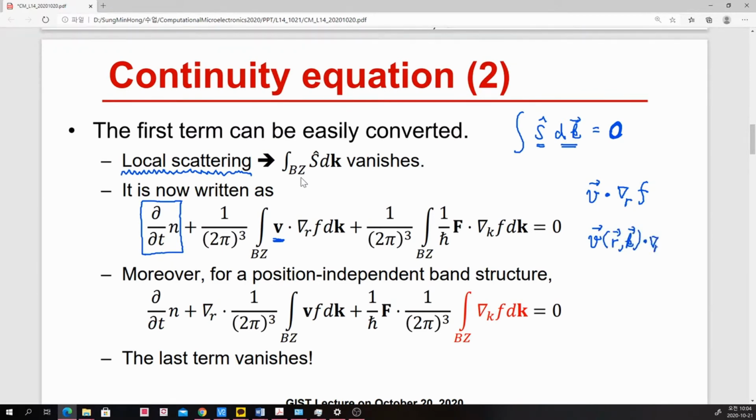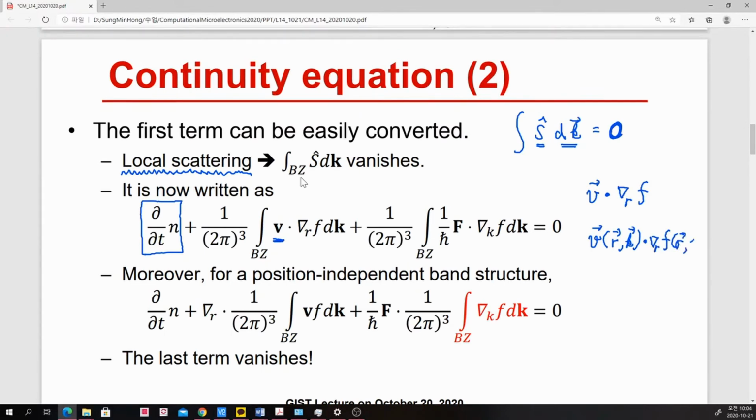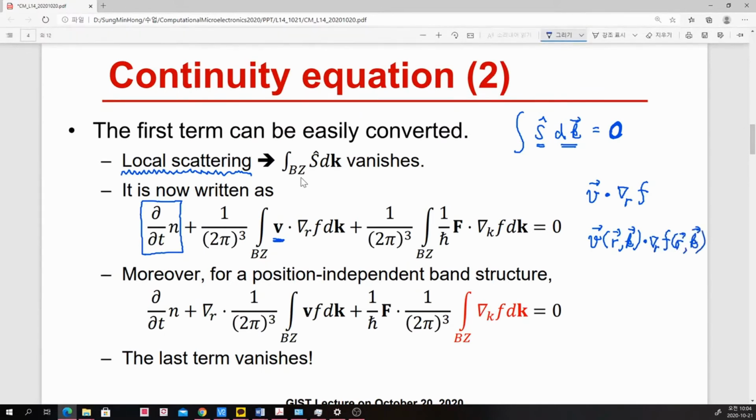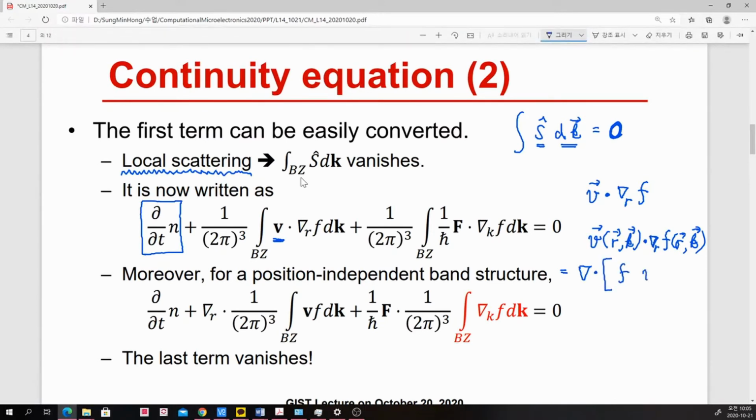Also, the distribution function can be a function of r and k. In this case, we cannot pull out this distribution function. For example, this is not allowed: f v.